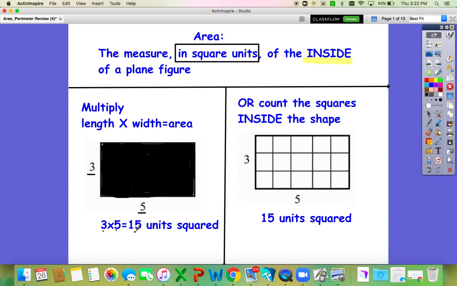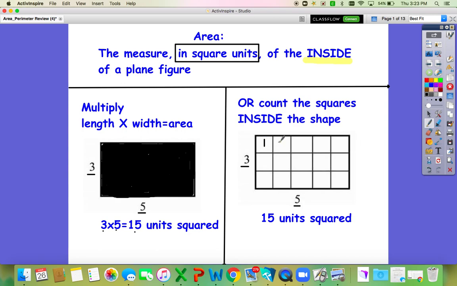However, a lot of times they will show you the area using shapes that look like this with squares. And this one is really easy. To find the area of the squares, again, I can multiply 3 times 5, or a lot of times they won't give you the numbers.